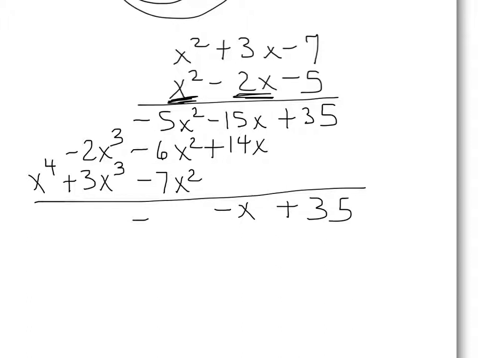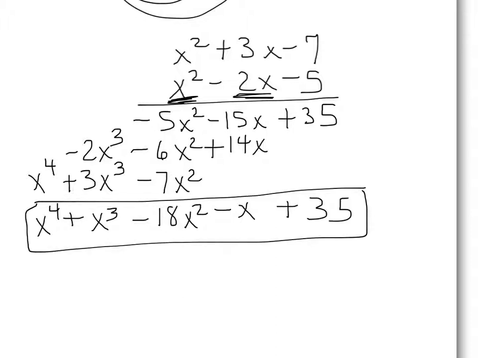We have minus 18x squared. And we have x cubed and x to the 4th. And that's our answer. I like that vertical method. It makes it easy to keep up with what you have to multiply, and it helps you to line up those like terms. That's all for this section.